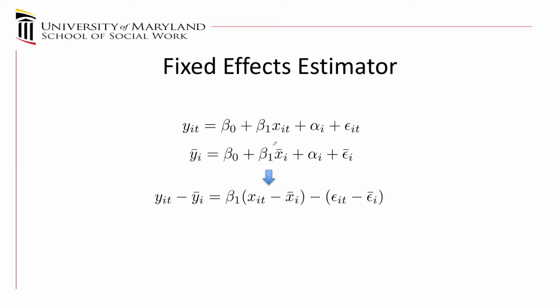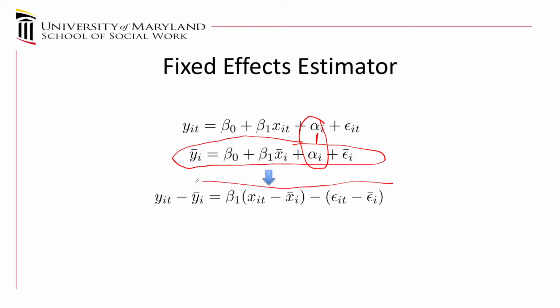And basically what the fixed effects estimator does is it takes the average stuff out, and you will notice that when we subtract the average stuff, the alphas go away, and anything that varies neither in effect nor in actual value also goes away. But you get this fixed effects estimator as the model that we're estimating.